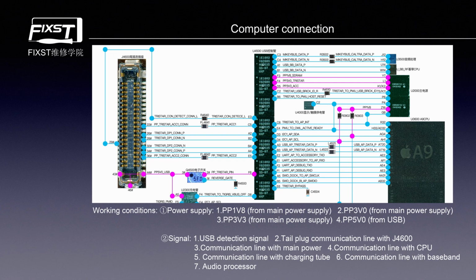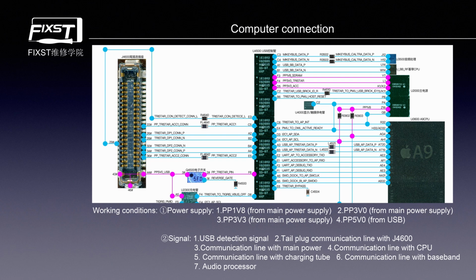When the USB control IC detects that this pin has 1.8 volts, the phone confirms that you have not connected the charging cable. When the USB control IC detects that this pin does not have 1.8 volts, the phone confirms that you have plugged in the charging cable.